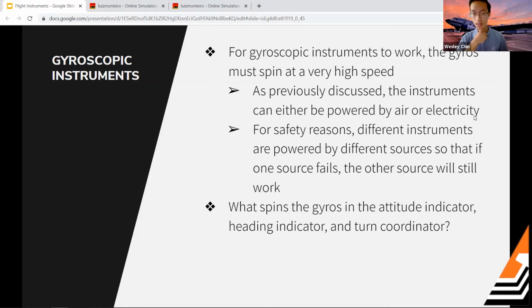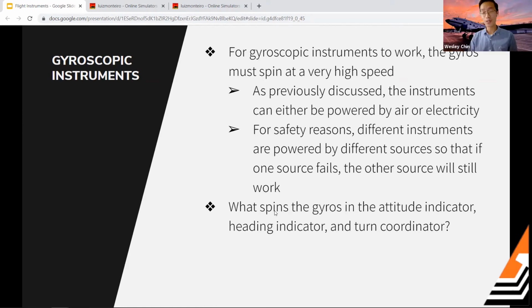Vacuum. All right, so vacuum system for which of these instruments? Heading indicator, maybe? All right, cool. So yeah, the heading indicator, that's powered by the vacuum system. How about the attitude indicator? I think it's all 3. Or vacuum.